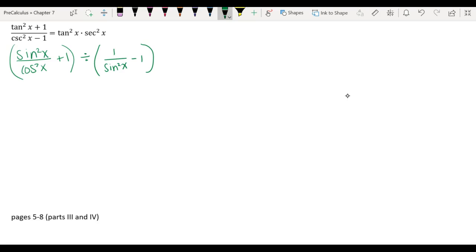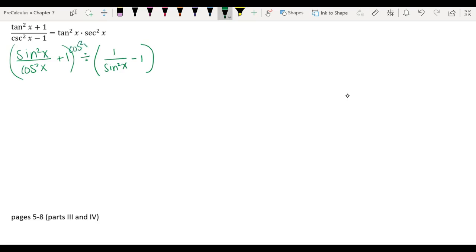So now that I have that down, what do I have to do individually in each grouping? I have to find what? Common denominators. Good. So I have to multiply this by cosine squared over cosine squared, and I have to multiply this by sine squared over sine squared. So each grouping has its own common denominator.